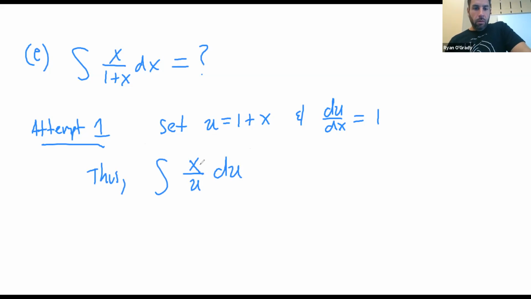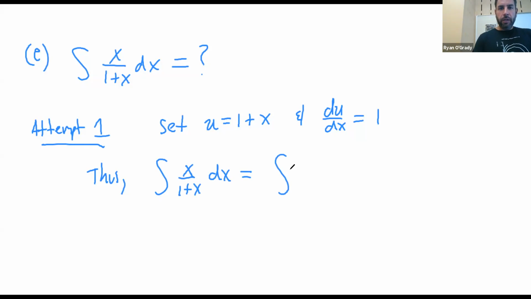Let's back up and plug it in, and you'll see it falls right in your lap. x over 1 plus x dx becomes, this just simplifies. I need you to look at your relationship between u and x. We often don't do this, but this trick works sometimes.